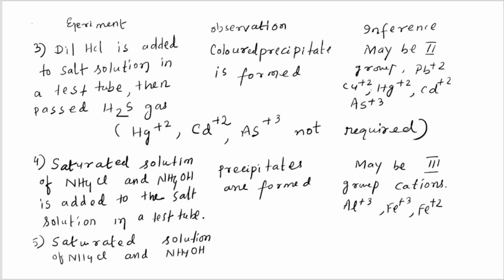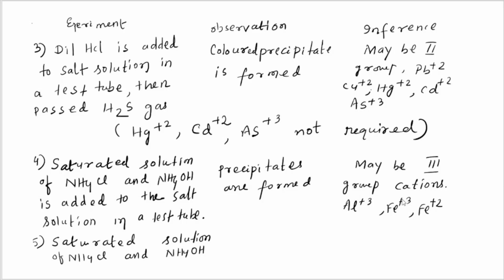If a colored precipitate forms, then surely it is the second group, and you will test one by one: Pb plus 2, Cu plus 2, Hg plus 2, Cd plus 2, As plus 3. But generally Hg plus 2 mercury, Cd cadmium plus 2, and As arsenic plus 3 are not required in this class.